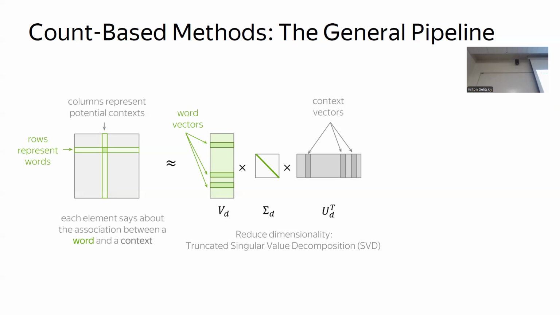U will be the matrix of eigenvectors of A times A transposed, and V will be the matrix of eigenvectors of A transposed A.